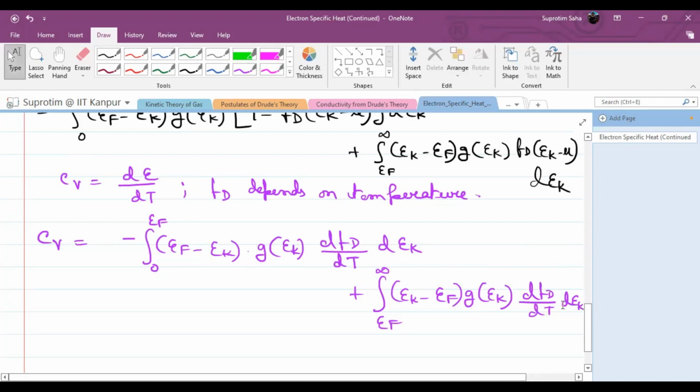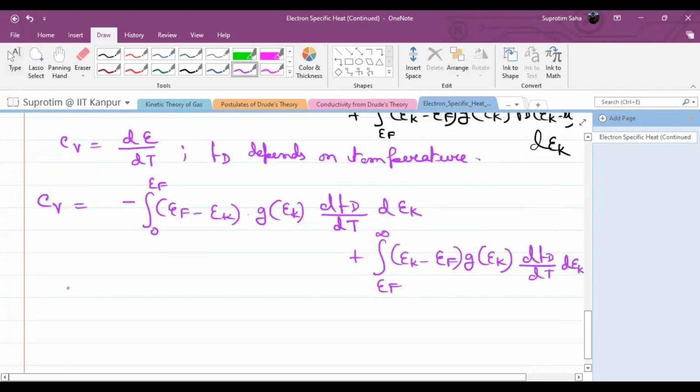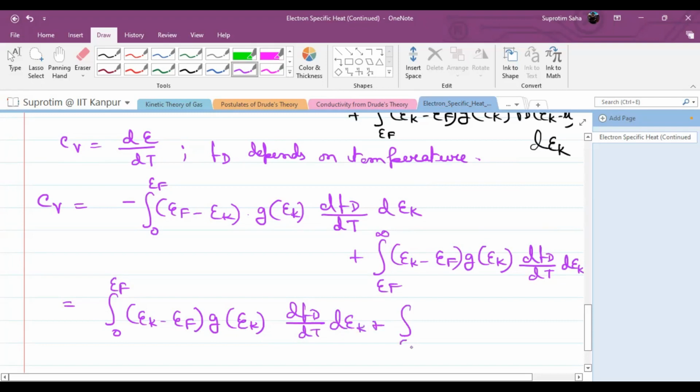Now this term has minus in front. Then put the minus inside, and what we get is EK minus EF, G of EK, D Fermi-Dirac dt, D of EK, plus epsilon F to infinity, EK minus EF, G of EK, D Fermi-Dirac dt, D of EK.